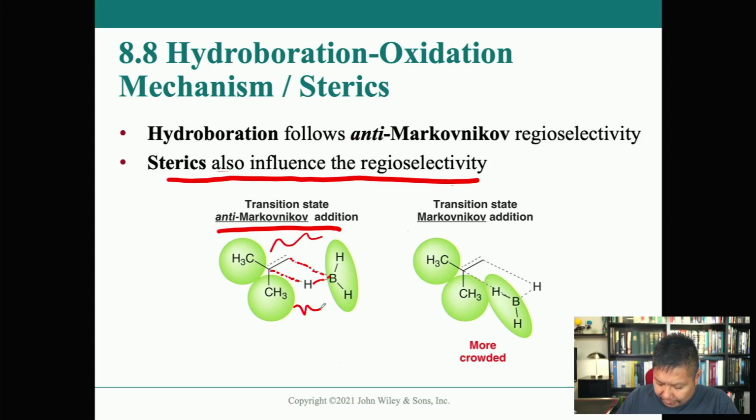But if you were to switch it around to the Markovnikov addition way, the hydride would be trying to shift here and the carbon would be attacking the boron, and now you have all this steric hindrance right here, and that's why that doesn't happen. That's why hydroboration follows anti-Markovnikov regioselectivity.